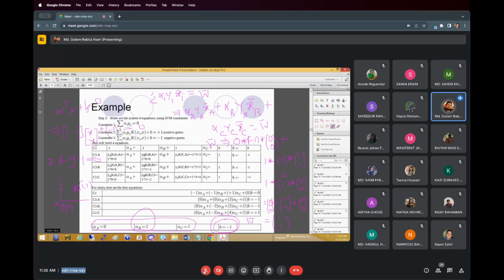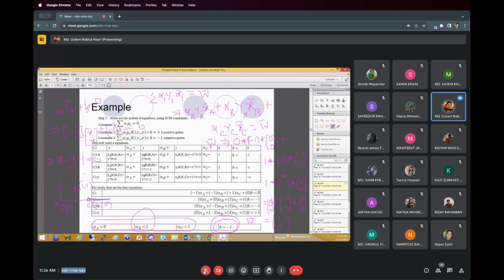How about C? C is 2, 0. Consider that 2 is at this position, so 2, 0 is this one. This is our C. So A, B, and C, we got this.